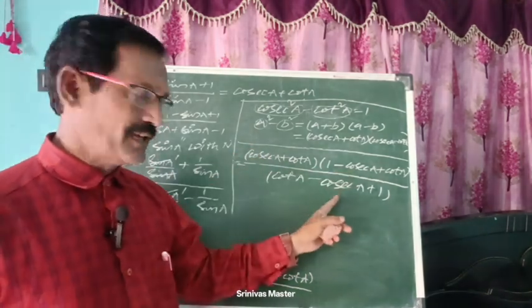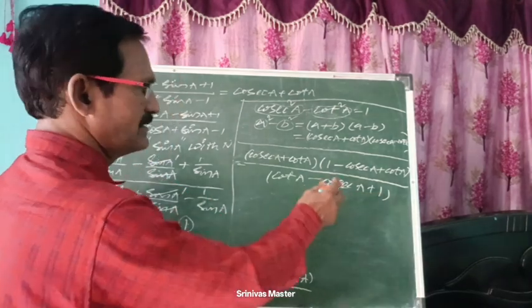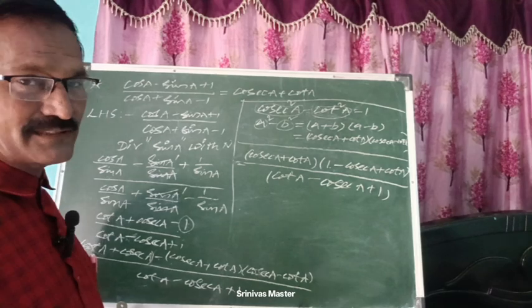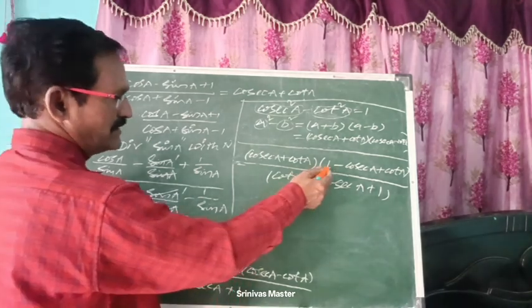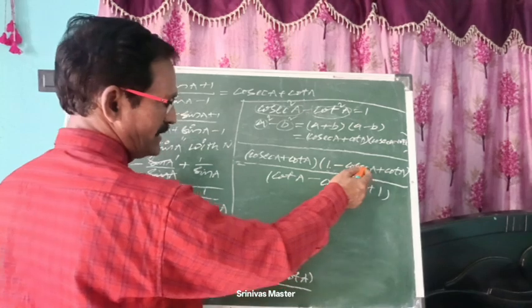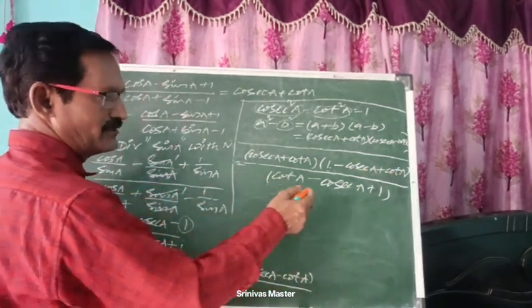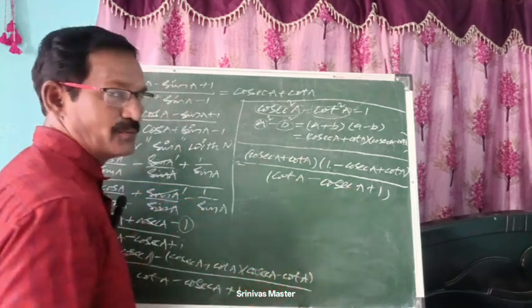See, if you observe, this bracket and this bracket: cot A minus cosec A plus 1 here. Here what is there? 1 minus cosec A plus cot A. Even if there is no order, you can observe all the terms are there with respect to their symbols. Here already plus 1, here plus 1 is there. Minus cosec A, minus cosec A, plus cot A, plus cot A. If you want to write all the terms in this order, we can write, no problem.